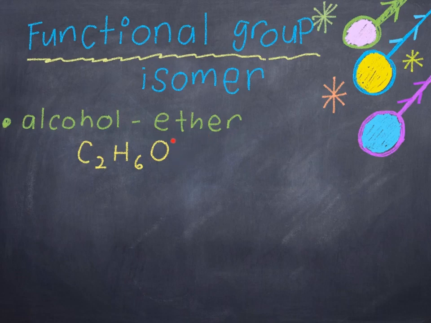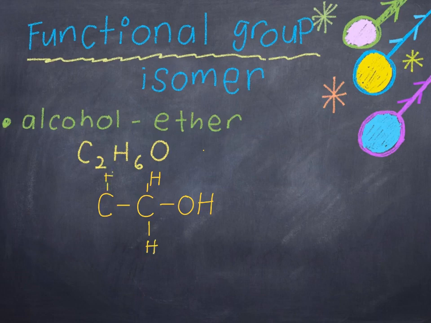So what you should do to answer this part, when you are required to give the functional group isomer for this compound, you actually can draw one structure of an alcohol. Alcohol with 2 carbon, 1, 2. So you might want to put OH here, so the rest should be bonded with hydrogen.